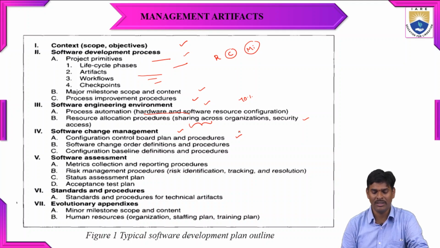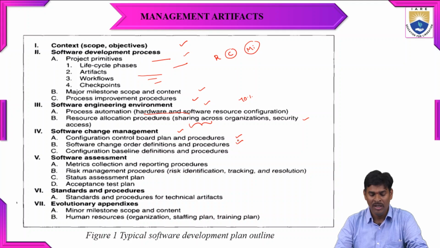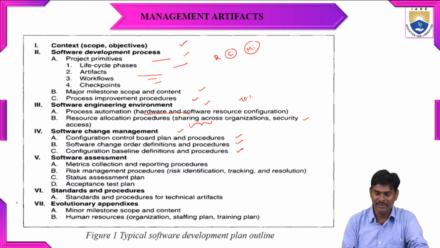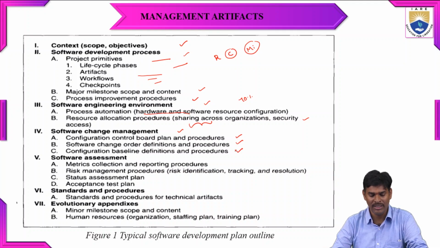They need to check the main configuration plan and procedures during the implementation of the software change. They also need to check the software change order definitions and procedures, and follow the different procedures for the software. And the last one is the configuration baseline definitions and procedures.